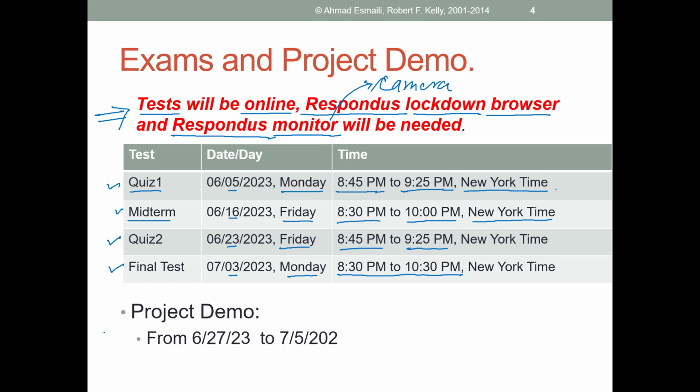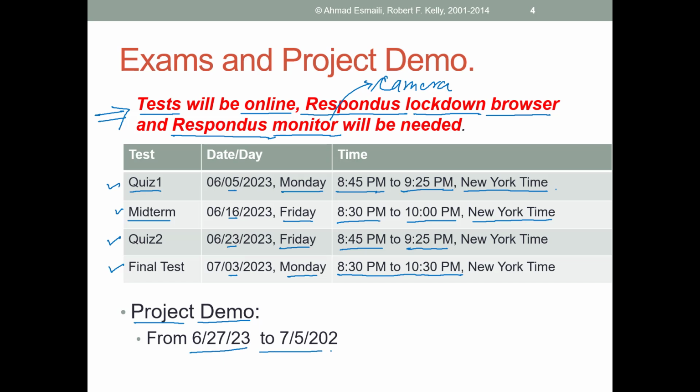Okay, so as I already mentioned, you will have a course project, and the course project will account for, I think, 35% of your whole grade. We will look at this percentage in one of the slides in this lecture. In the course project, you will have multiple stages, and towards the end you will have to do a project demo. The project demo will run from 27th of June to 5th of July.